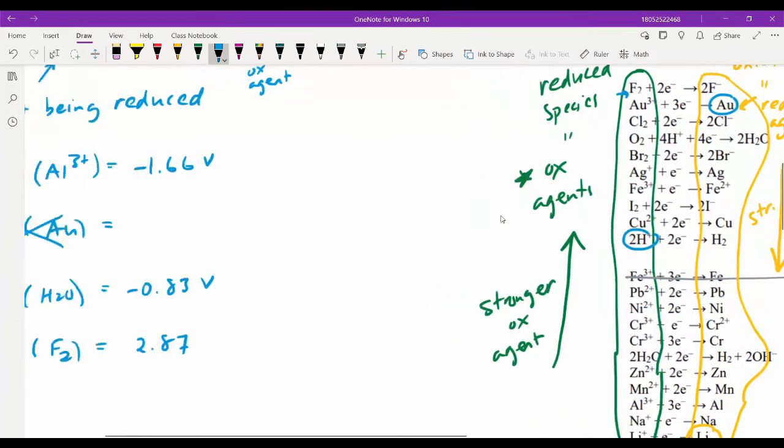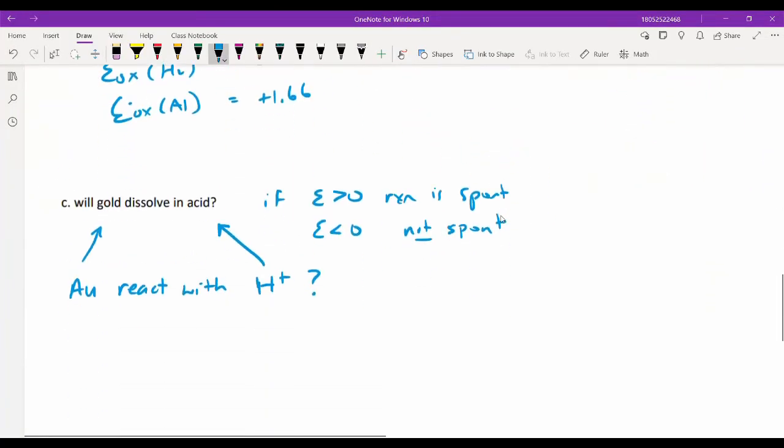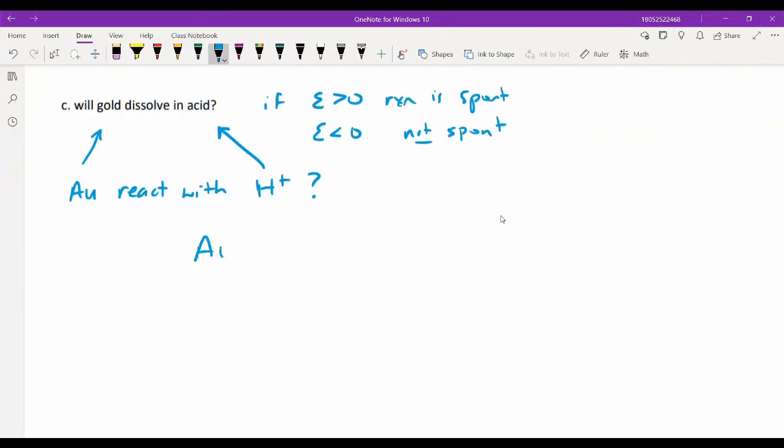So what's going to have to happen to gold is that it's going to be oxidized, because if I'm starting with gold metal, as we said, it can really only be oxidized. There's no reaction that has gold metal plus electrons, or you won't find that on there. So you have this one, which is your oxidation, right? And that potential is negative 1.5, as we said.